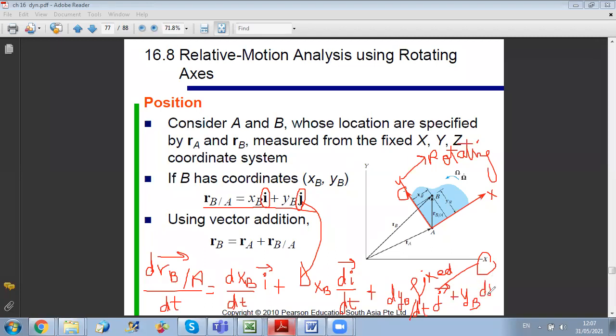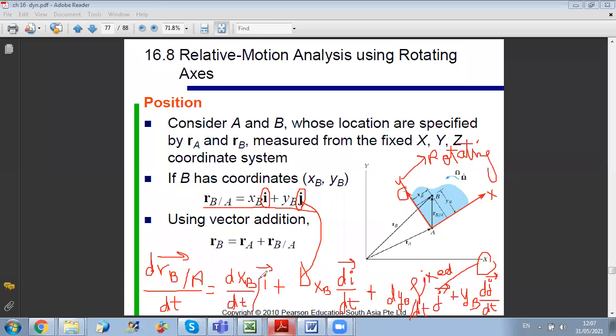So the analysis with a rotating frame is more complex because i and j are not fixed vectors, they are moving vectors. So when I do the derivative, I should derive that.